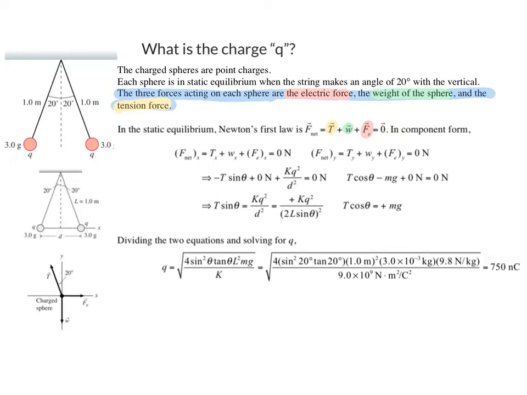Oops. So the net force, or otherwise known as the sum of all the forces, actually that shouldn't be the first law. Gosh, typos. That should be the second law. All right.